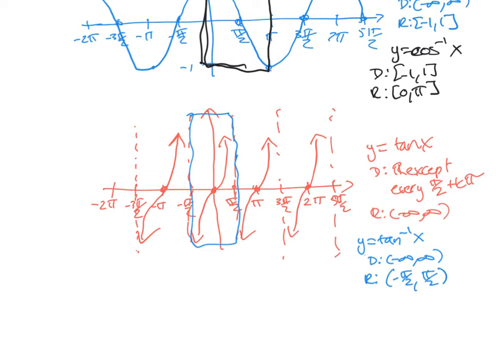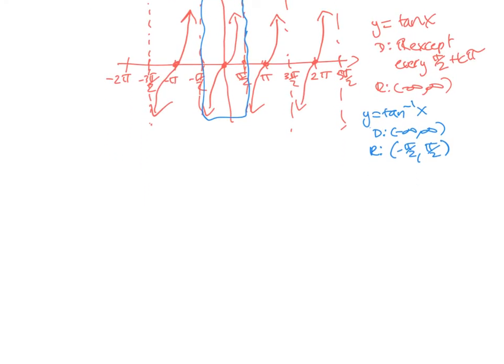Now let's just go through a couple examples, and then in the next video I'll talk about the reciprocal functions, the inverse reciprocal functions, and their domains and ranges. So let's do a few breezy ones and then I want to show a comparison. Let's evaluate.